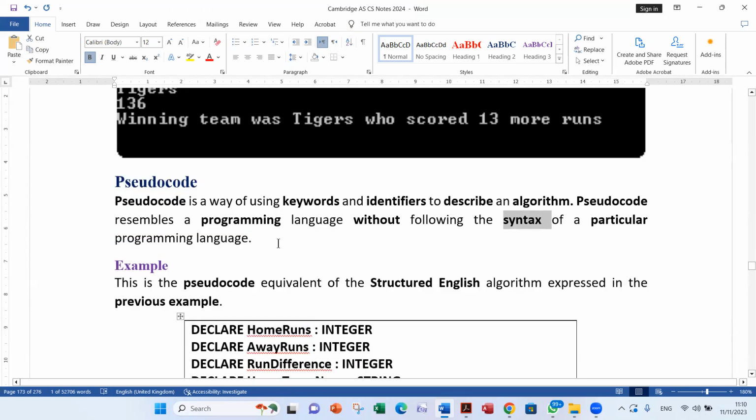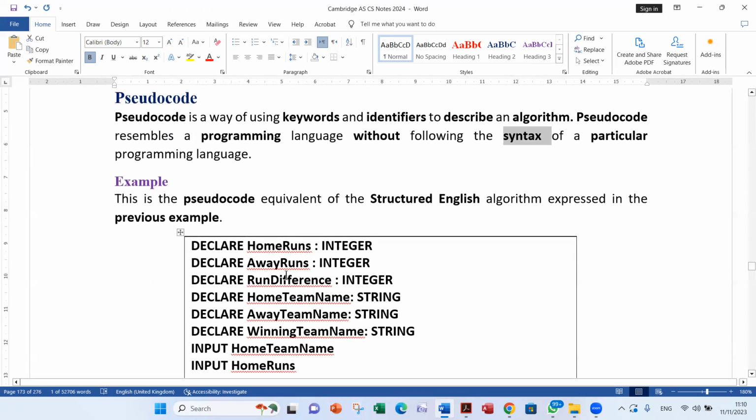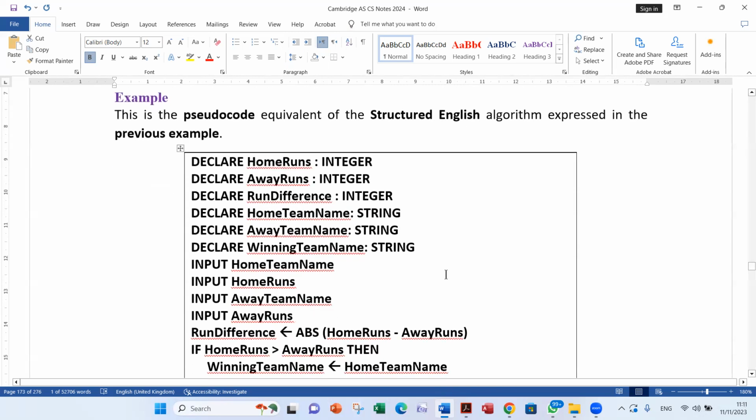So as you can see, pseudocode is easier than programming. Okay, good for you. You only need to do the AS using pseudocode. Okay, example. This is the pseudocode equivalent of the structured English algorithm expressed in the previous example.